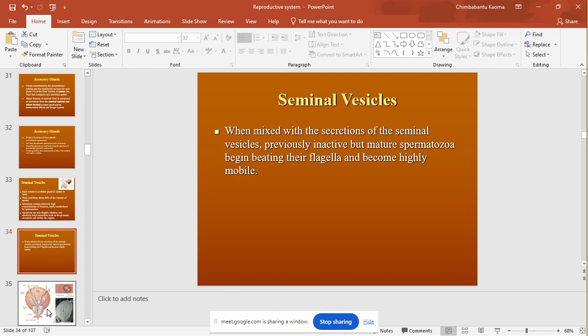Once the spermatozoa comes in contact with the secretion from the seminal vesicles, it now becomes active and starts to beat its flagella and becomes highly mobile.